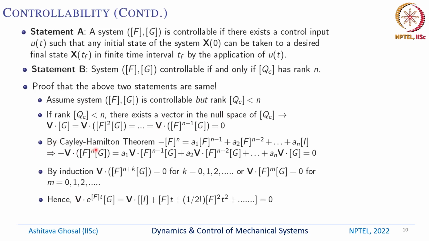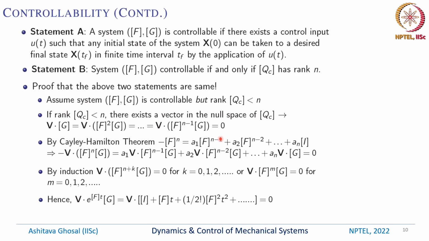So by Cayley-Hamilton theorem, we know minus F to the power n is some a1 F to the power n minus 1, a2 F to the power n minus 2 and so on, plus an I. Cayley-Hamilton theorem, if you recollect, is that the matrix satisfies its characteristic polynomial. So we have the characteristic polynomial, lambda to the power n plus something into lambda to the power n minus 1, all the way till something constant, is equal to 0.